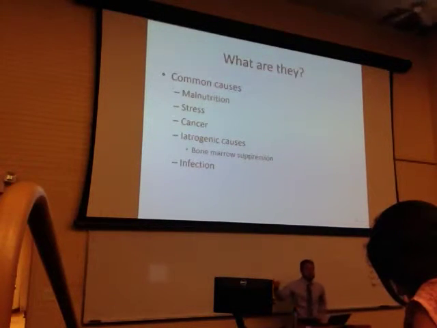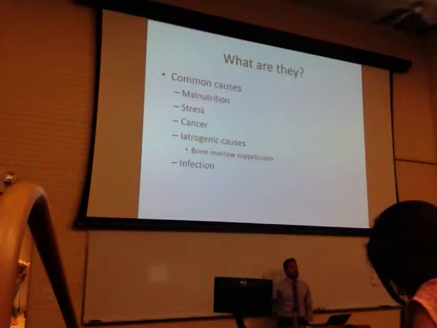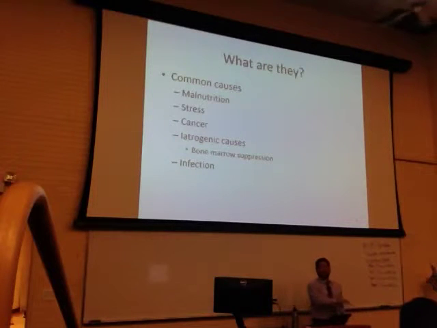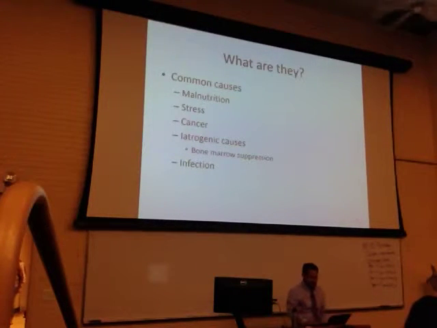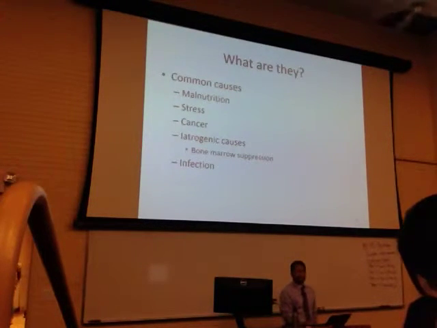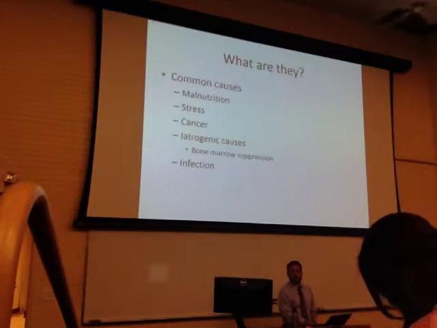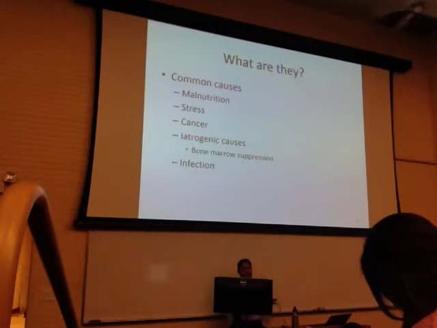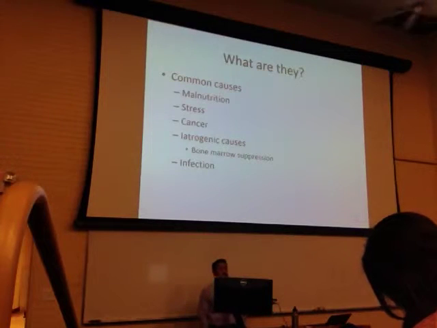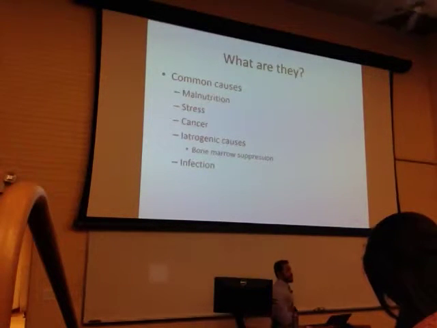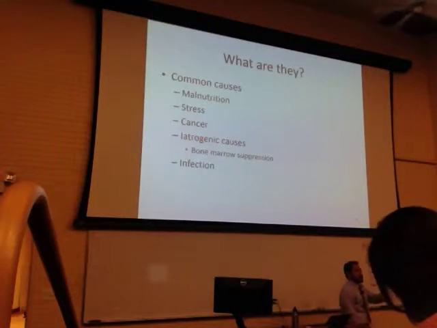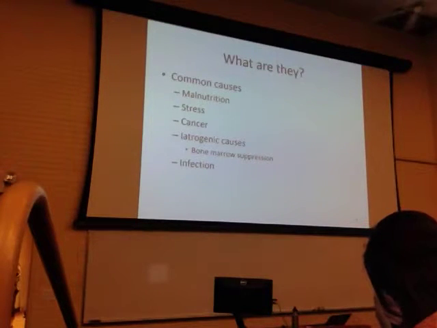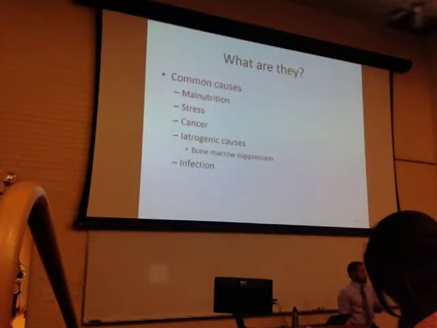So malnutrition, stress, cancer, anything that suppresses the immune system is considered a secondary immune deficiency. Bone marrow suppression as well. Even certain types of infections, certain viruses like mono. Certain types of illnesses can cause a secondary immunodeficiency.